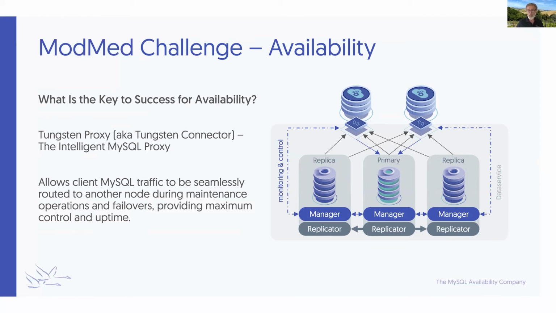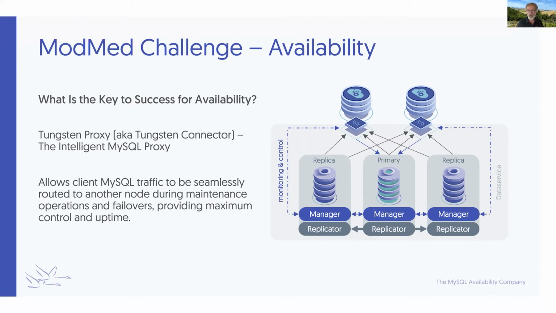Then the Tungsten Manager monitors the cluster, and if it sees that something happens, for example a master failure, then one of the replicas comes in and replaces it and becomes the new primary database for the updates. The Connector has a key role because it guides the traffic from the application, and if needed, it holds the traffic.